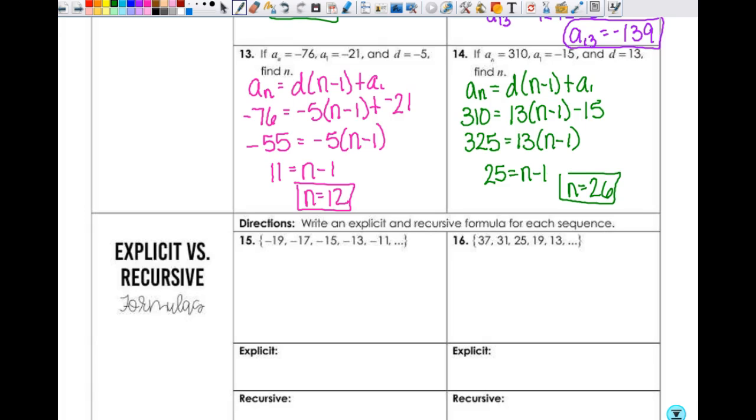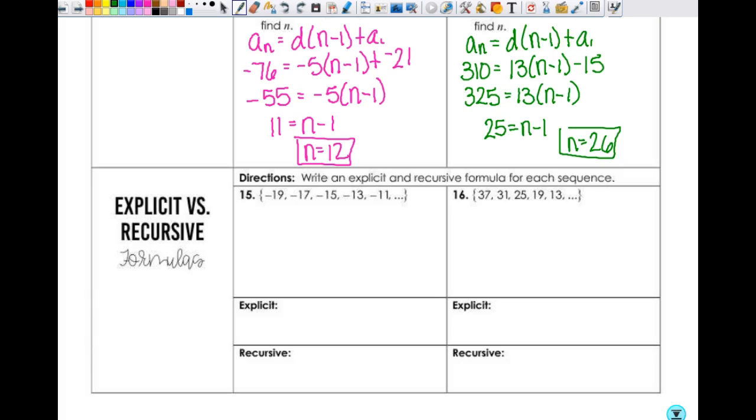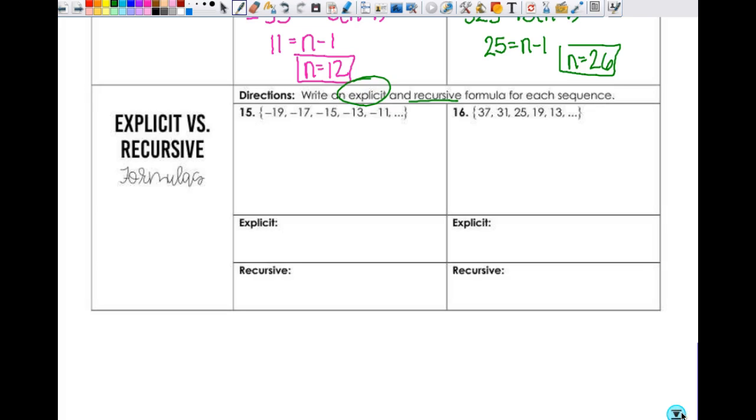All right, so now we are being asked to write explicit and recursive formula for each one. What we just did is explicit, but this time it's easier because we don't have to try and figure out what it is. We just know what it is, right? So we've got a sub n is equal to d times n minus 1 plus a sub 1.